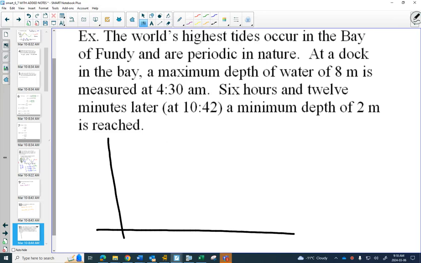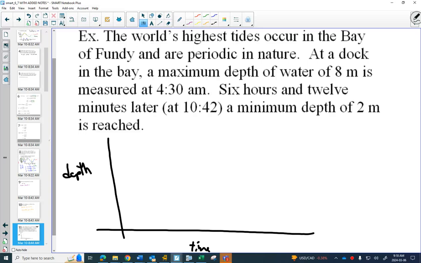We're going to put our depth here, and time here. If I write depth, does it make sense that a higher depth is deeper than a lower depth?